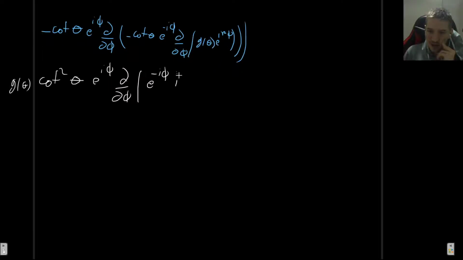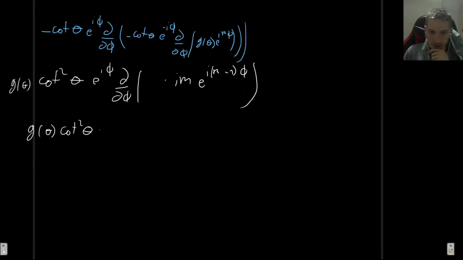Let's actually just write it outside, and we're going to get i m e^{imφ}, but we can actually just combine our exponentials as we did last time as e^{i(m-1)φ}, so that when we now apply the second derivative, we're going to get everything that we had outside, e^{iφ} times i m times i(m-1) e^{i(m-1)φ}.